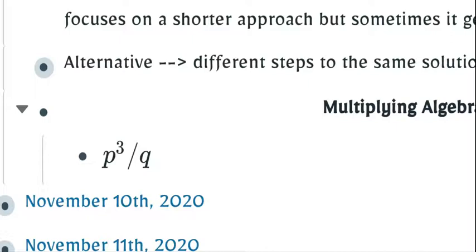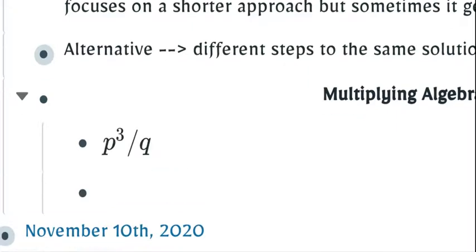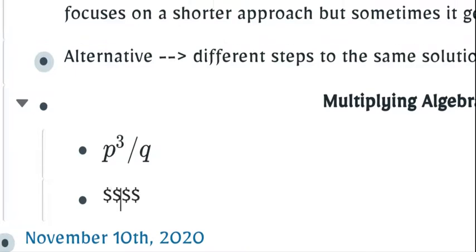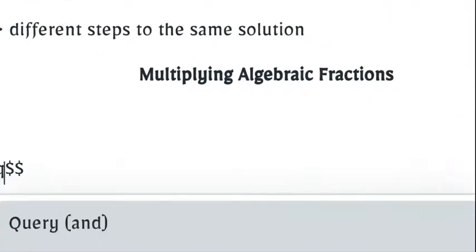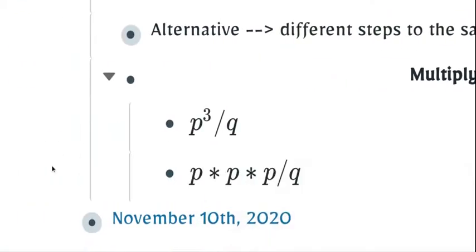Anyone? Sir, by using method 1. Right, which is essentially where we expand, we put out everything we have. So we would say, for example, P times P times P, all divided by Q. Excellent. Now we're going to take this a step further. What if we had another fraction to be solved with it?